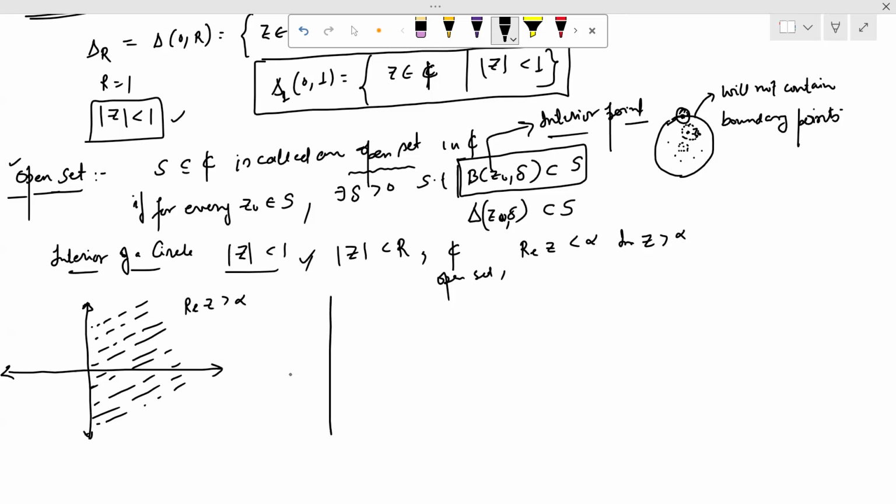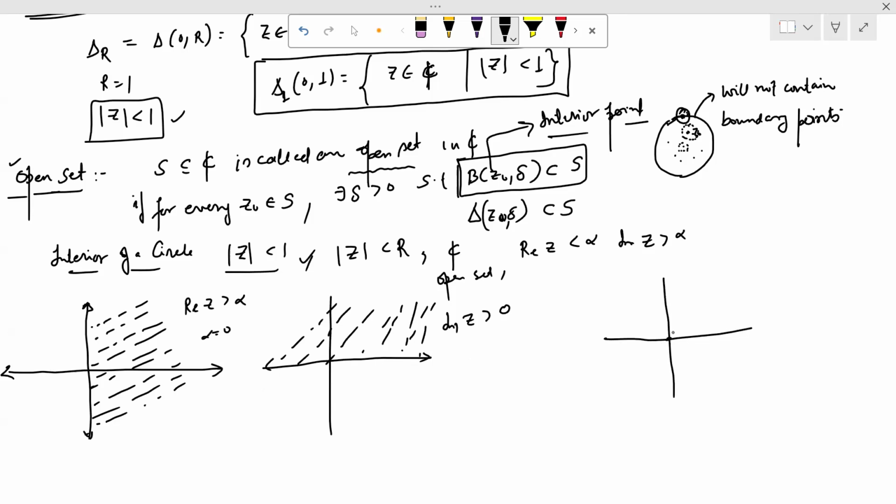If I say the imaginary part of Z greater than alpha, and alpha is equal to 0 here, then this will be the imaginary part, not including this line. This line would be equivalent to saying imaginary part equal to 0, but I'm not using it. I'm just writing imaginary part of Z greater than 0. And do remember, let's say I'm saying complex numbers in the unit circle.